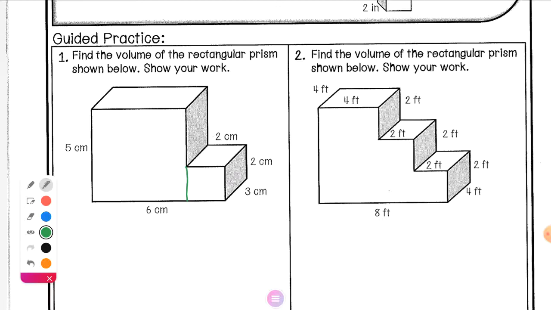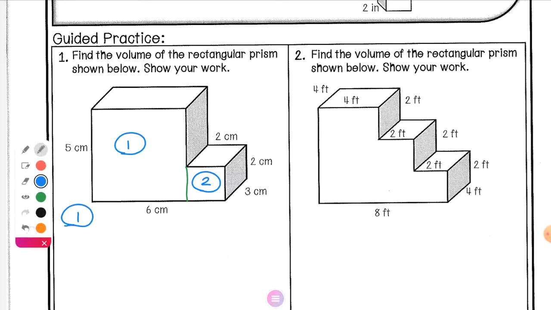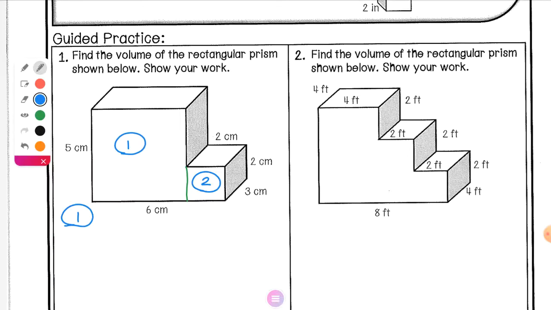Still, I want you to number your sections. So we're going to call this one number 1, this one number 2. They're both rectangular prisms. So V equals length times width times height.